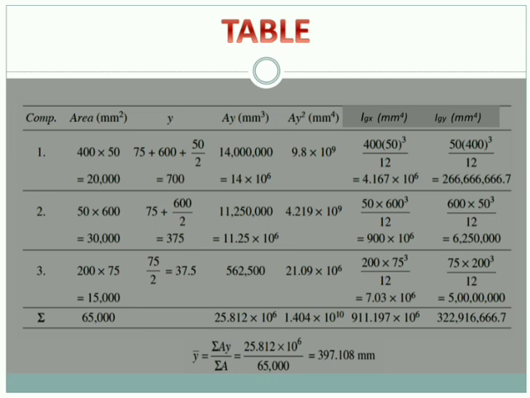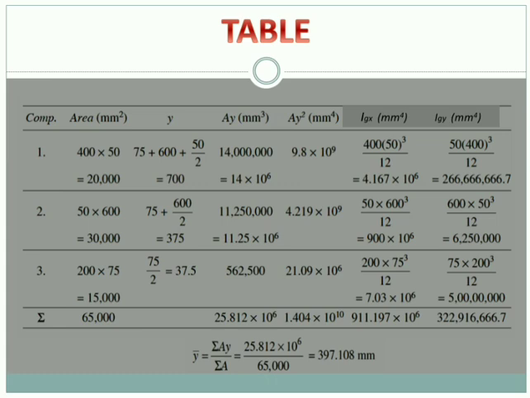If you have your formula sheet ready with you, it is very easy because IGX is about which axis? Horizontal axis. So it is BD cube by 12. That is 400 into 50 cube by 12. IGY, which formula? DB cube by 12. That is 50 into 400 cube by 12. So you get both the answers.